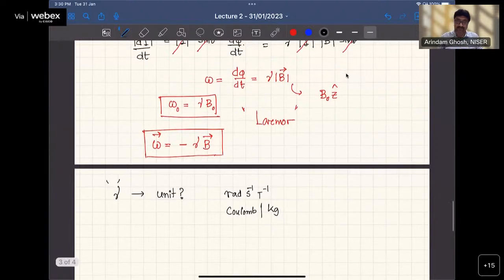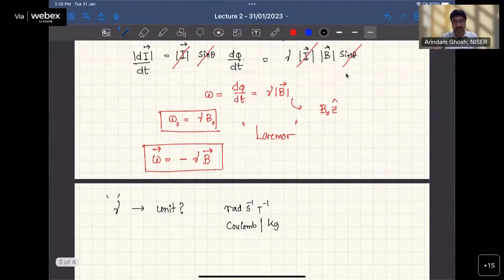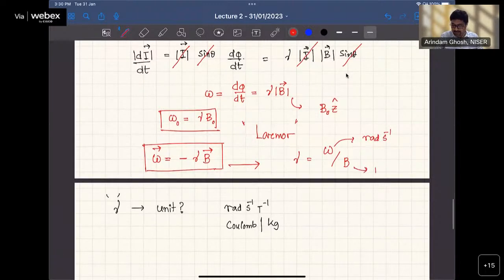I can understand directly why radian per second per Tesla comes: forgetting the plus or minus, the magnitude of gamma is omega divided by B. Omega has units of radian per second, B has units of Tesla, so gamma has units of radian per second per Tesla.